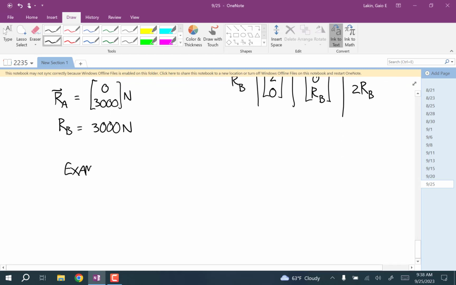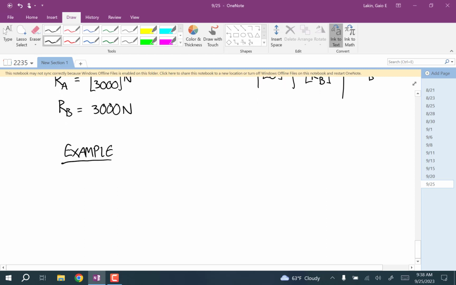So now let's do one where we have a cantilever beam. So let's say that it connects to the wall on the left. And let's say that the length is 2 meters again.